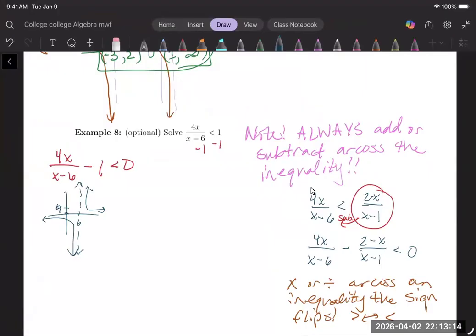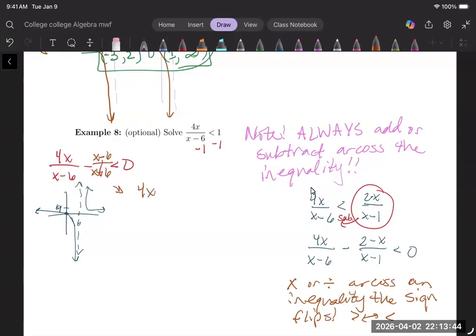Oh, actually, we cross paths at 0. There we go. X-intercept at 0. So the easiest way to go about this, or I think it's a 4, let's find out, is to change 1 to just be x minus 6 over x minus 6, because what's anything over itself? 1.